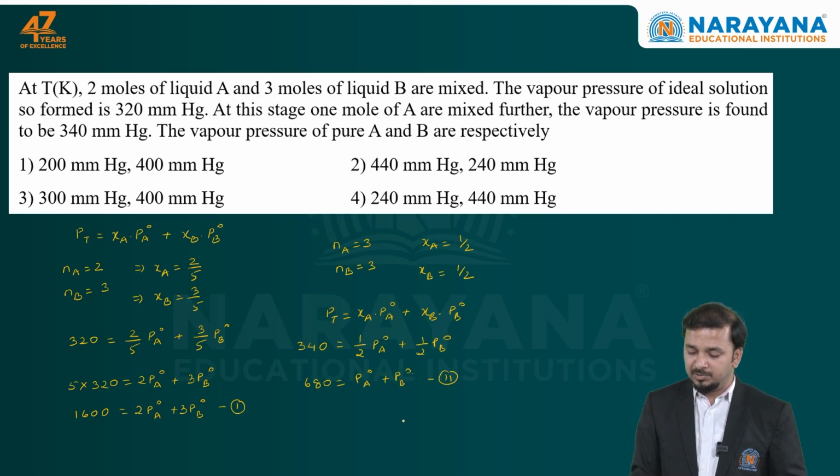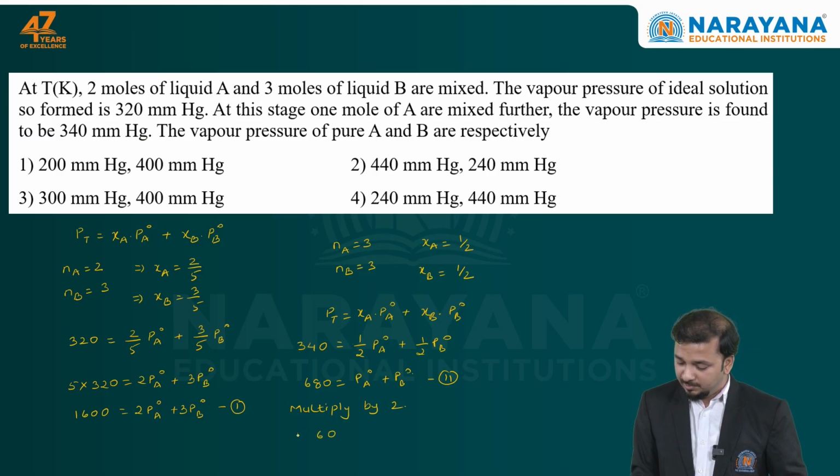Now if I solve using equation 1 and equation 2, we can multiply equation 2 by 2. So we get 680 into 2, which is 1360, equal to 2 Pa naught plus 2 PB naught. This is equation 3.